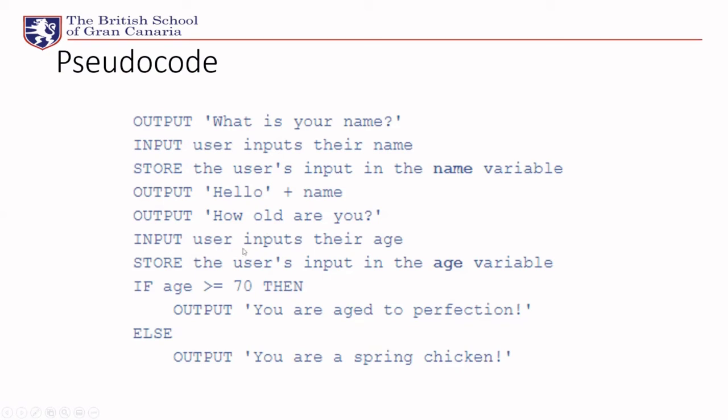Then the input would be the user typing in their age. Okay. So then to store is when the user inputs the age. And if their age is more than 70 or 70, then the output would be your age to perfection. But if they type in anything else, like 21, 13, it will say you are a spring chicken.